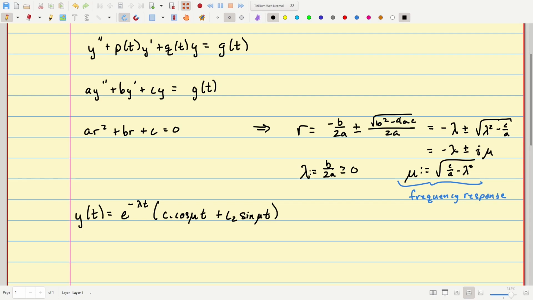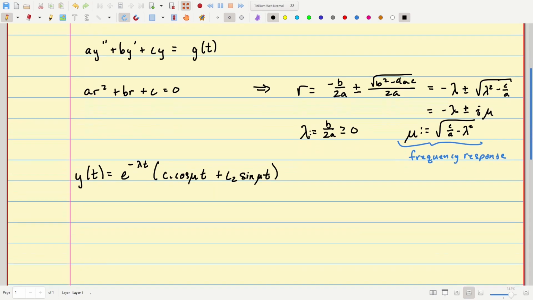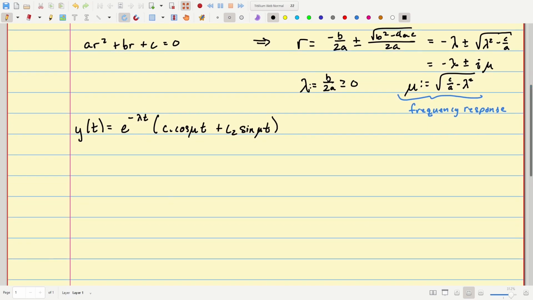All right. So when lambda is equal to 0, which means that our differential equation is undamped. Okay, that's when that happens.